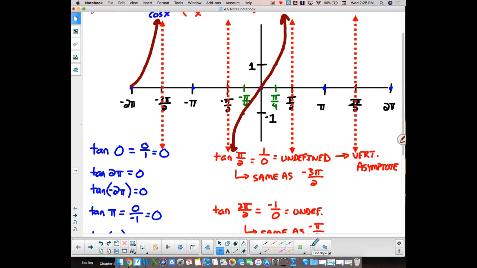Oops, did that wrong. Went parabolic instead of. There, that looks better.